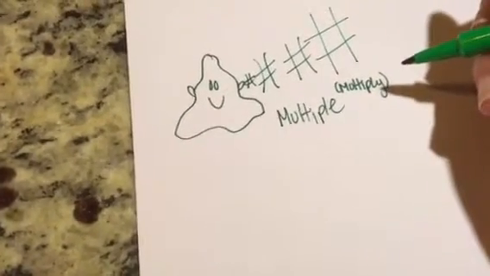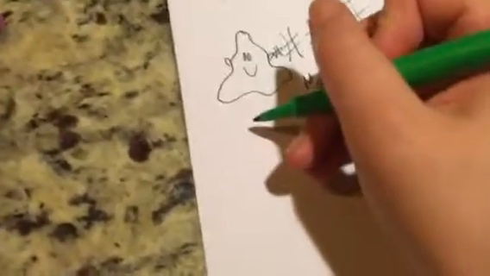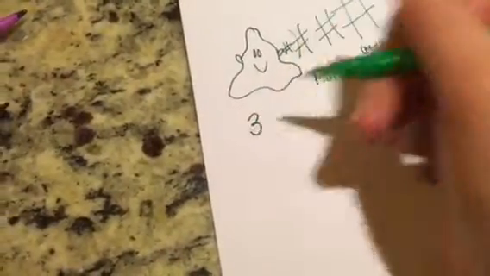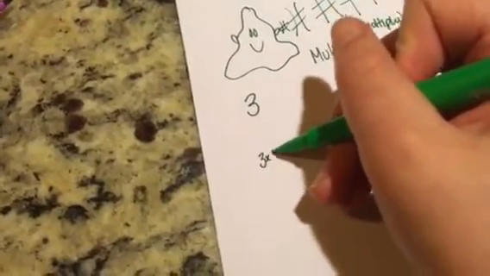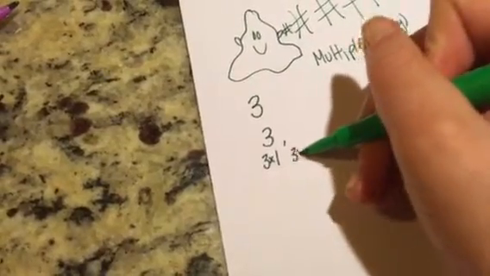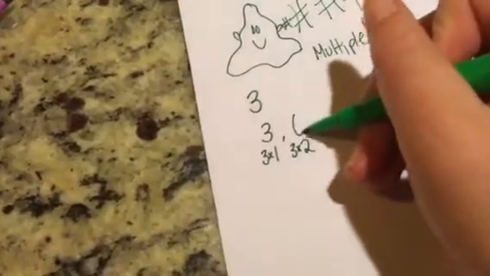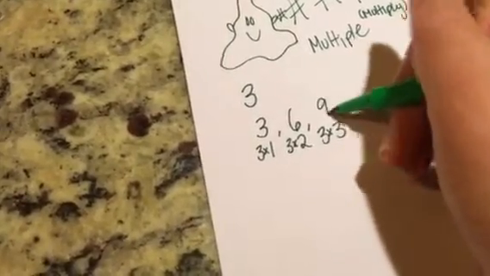So if you're asked on a test next week to find the multiples of the number 3, then what you're going to do is think about, okay, I know 3 times 1, that's 3. I know 3 times 2, that's 6. I know 3 times 3, that's 9.